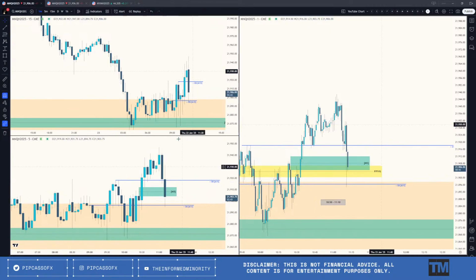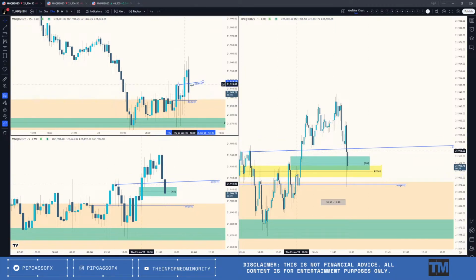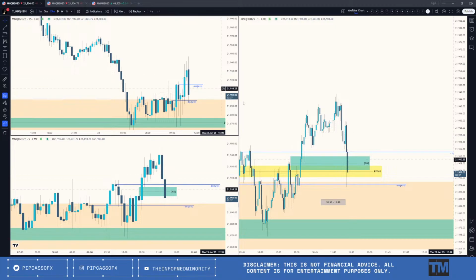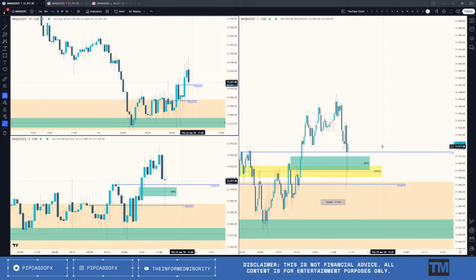Trade through that, trade back down to this order block, and we just completely overlap this one. But that's the area that we'd be looking for bullishness to occur. But man, that wick is crazy.